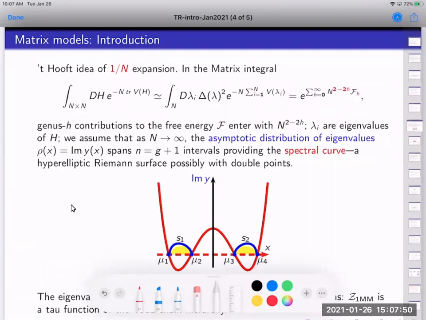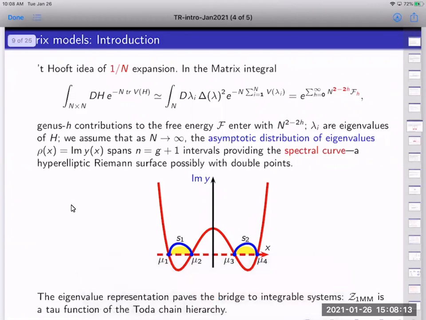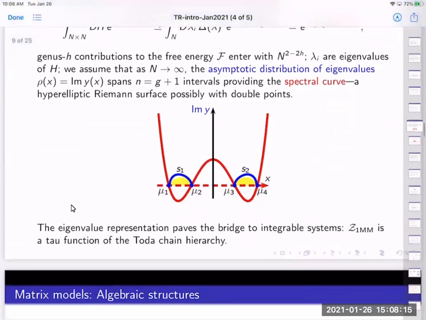In a more general situation, it might be that we have one cut on the physical sheet, but more cuts on other sheets. I will not be able to go into any detail today, but for your reference, we might have a situation where indeed we have more than one cut and more than one domain of distribution of these eigenvalues.